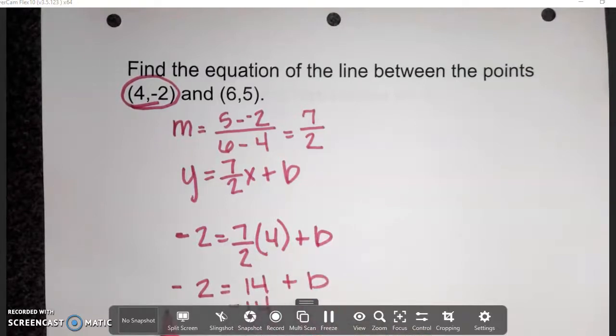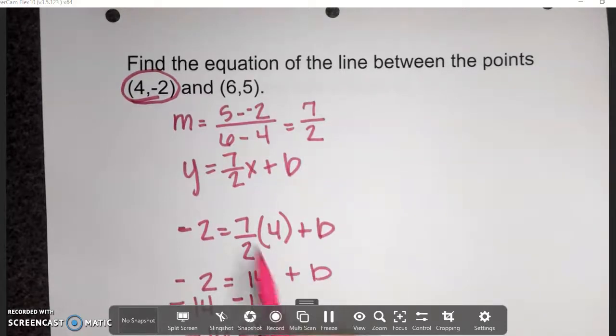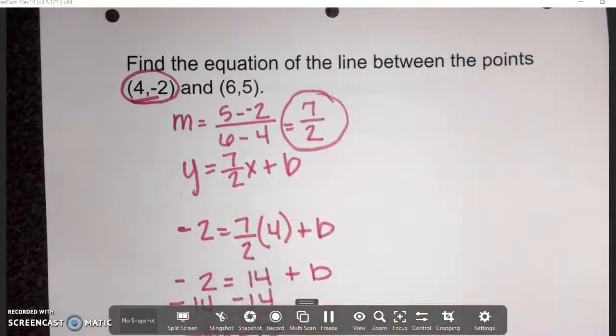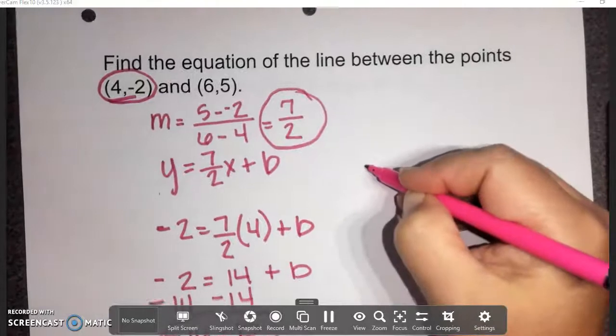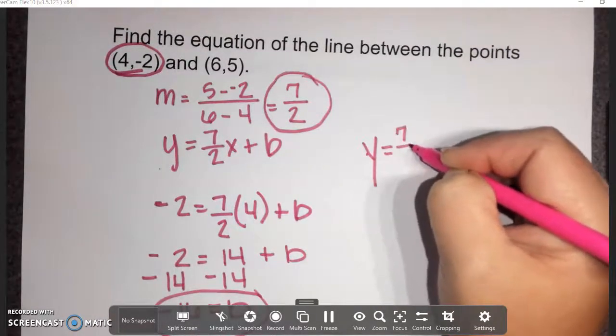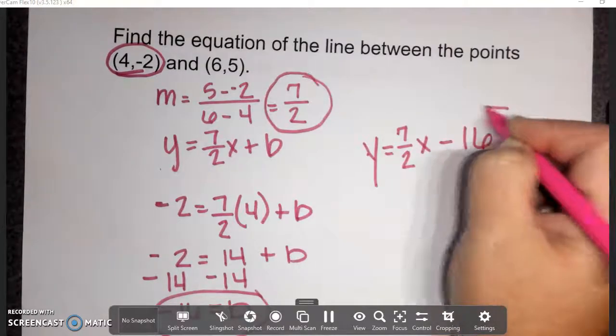Subtract 14 on both sides. So -16 is equal to b. My next step is to write the equation with just the slope and the b. So y equals 7 over 2x minus 16.